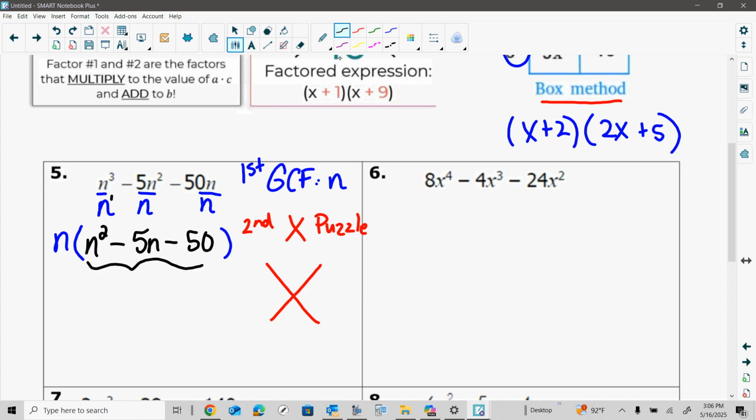And in the X puzzle, the negative 15 is going to go on top, and the negative 5 is going to go on the bottom. Sorry, that keeps doing this. And then what we're doing is coming up with our factors, numbers we multiply to get a negative 15. Because I see a negative sign here, the only way I can get a negative product is if one is negative and one is positive.